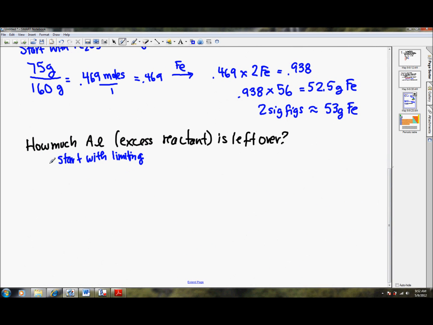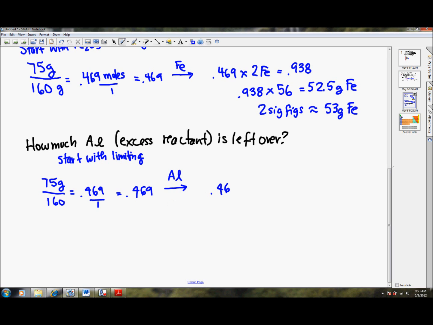Okay, so I'm going to start with my 75 grams of iron oxide again. I'm just going to copy my work from above because I already did this part. I divide by 160. That's 0.469 over 1 equals 0.469. The difference is now I'm going to the aluminum. I'm going to figure out how much aluminum I need.